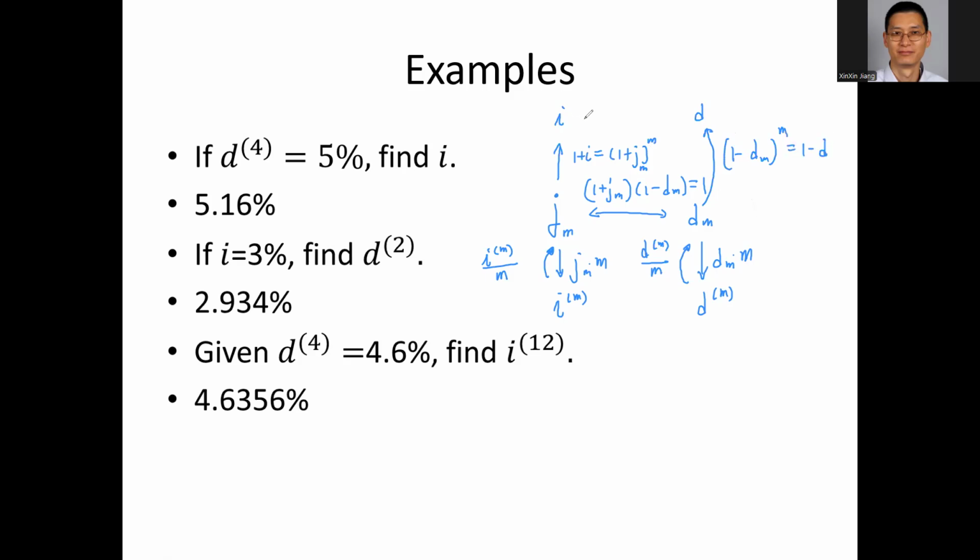Okay, and then for these two, you have the relation that 1 plus I times 1 minus d equals 1. Okay. All right. So this is nominal, and this is effective. All right. Let's move on.